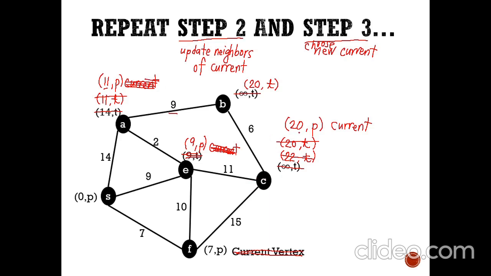So 20 plus 6 is 26, but 26 is a longer distance, so this means that 20 stays. Now there's no more neighbor to update, so we go to step 3, which means that we choose the new current vertex. But there's only one temporary vertex left, so this one gets automatically permanent.